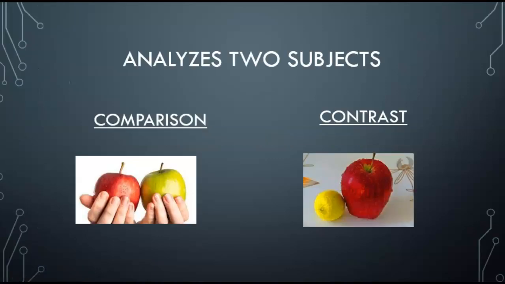Comparison and contrast. A comparison and contrast essay analyzes two subjects by comparing them, contrasting them, or both. Comparison in writing discusses elements that are similar, while contrast discusses elements that are different.